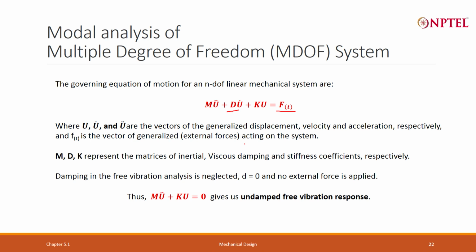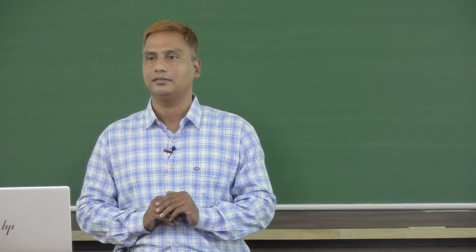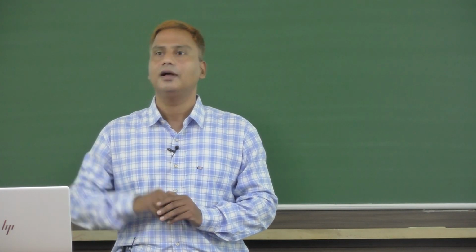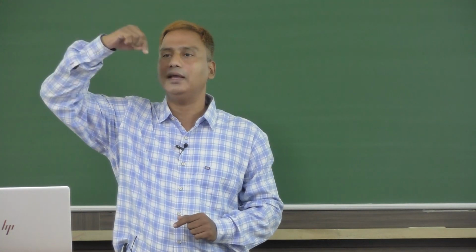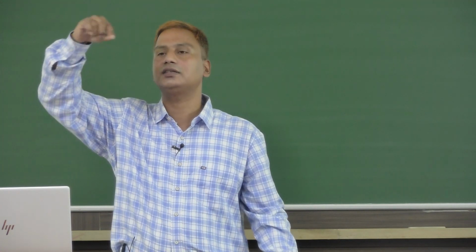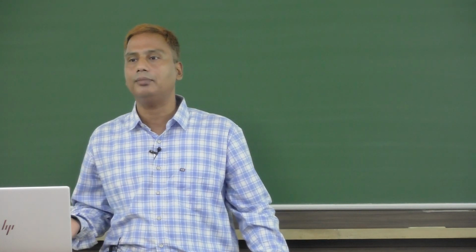My equation reduces to m u double dot plus k u equal to 0, that is nothing but undamped free vibration, a simple pendulum in vacuum where you do not have any frictional resistance at the top. You can say that is an example of undamped vibration.